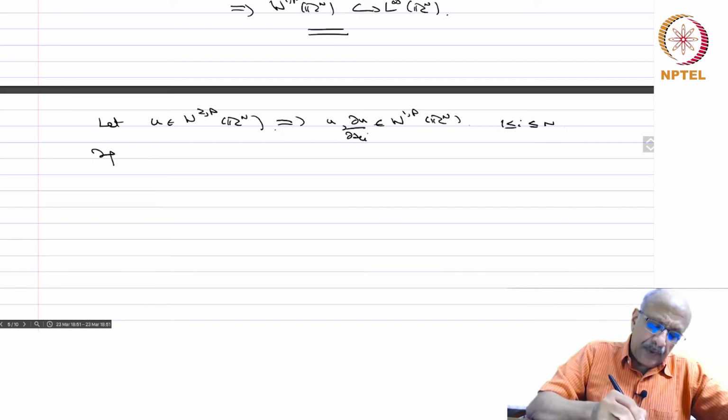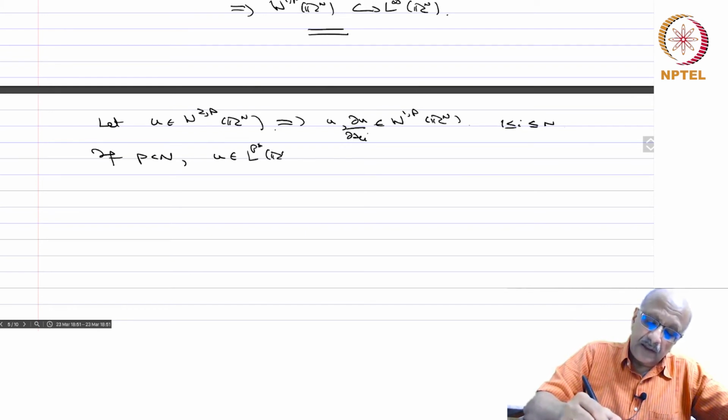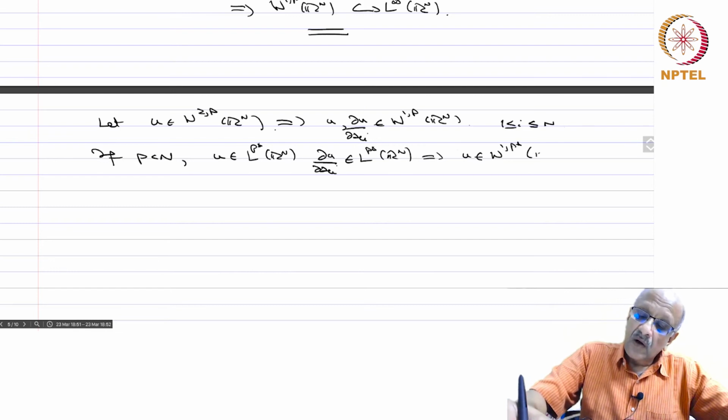Now if p is less than n, then u belongs to L^{p*}(Rn), du/dx_i also belongs to L^{p*}(Rn), and this implies that u belongs to W^{1,p*}(Rn).